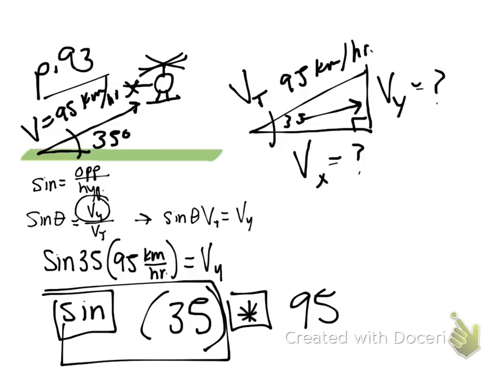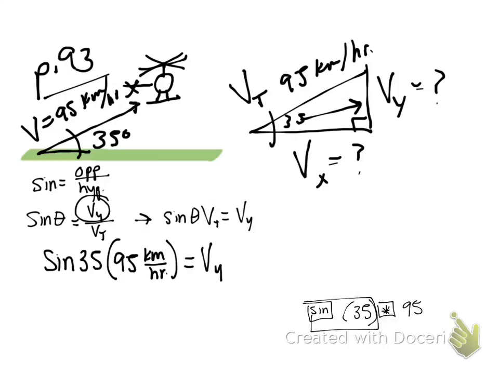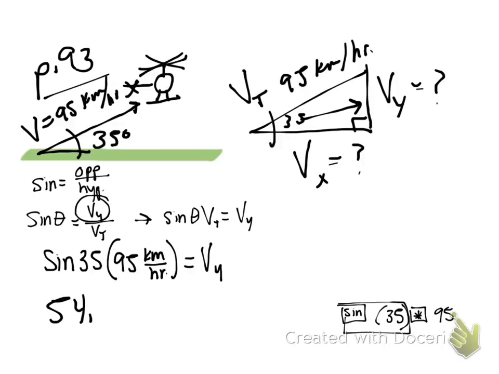Okay, so let me get rid of this stuff. I'll just shrink it and stick it over here. So what do we have number-wise? 54.48976145. What are my units?